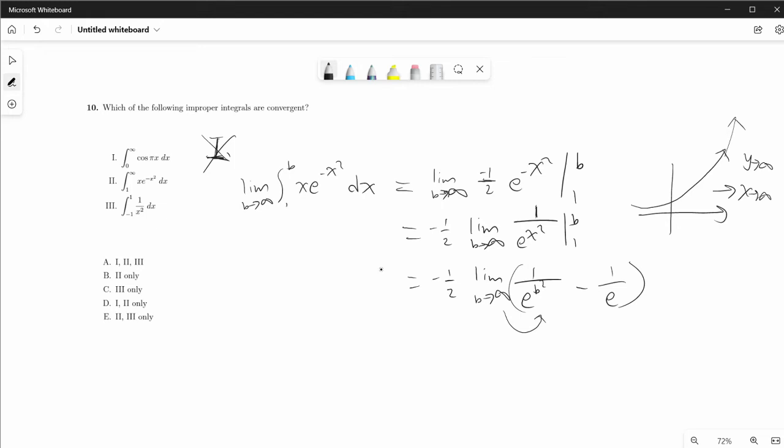So it's 1 over infinity, which is infinitely small, approaching 0. So this whole part is 0, but there's still the negative e term, which is a value. Therefore, this improper integral will converge. So, check mark there.